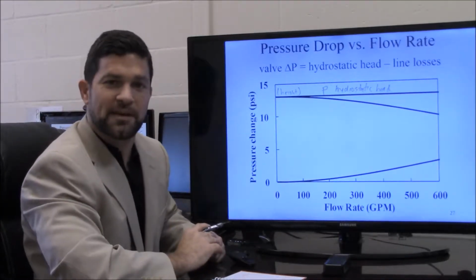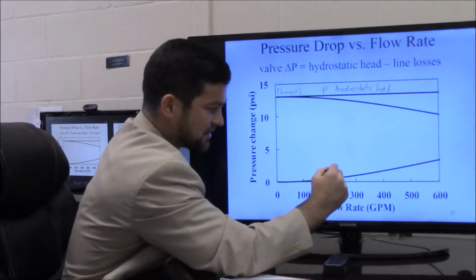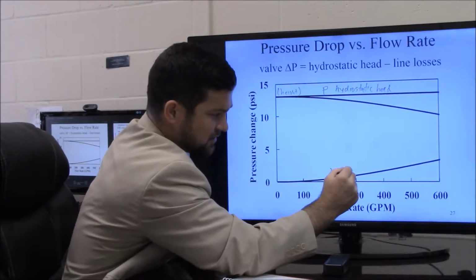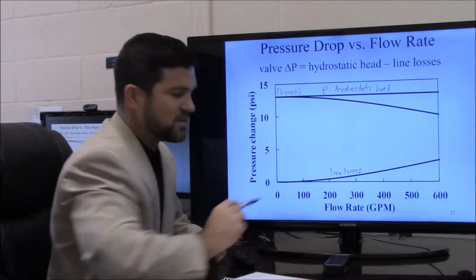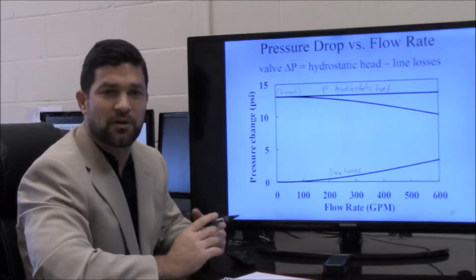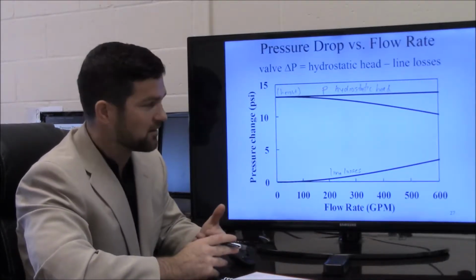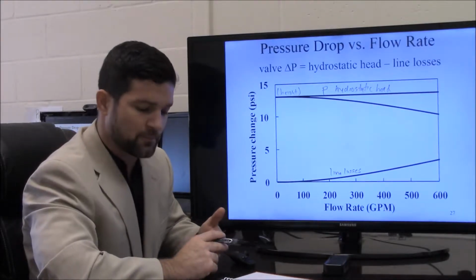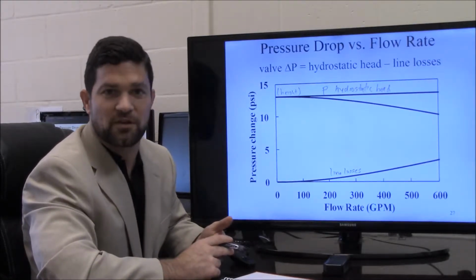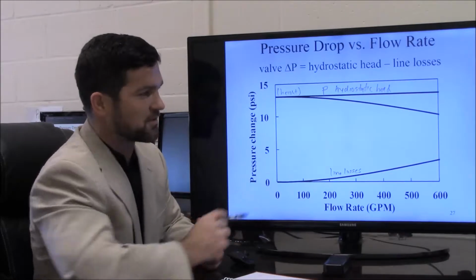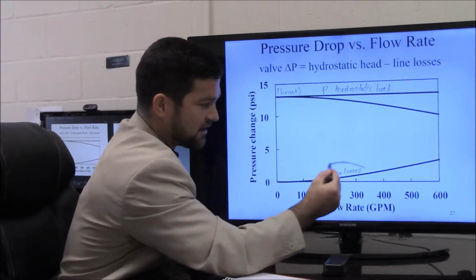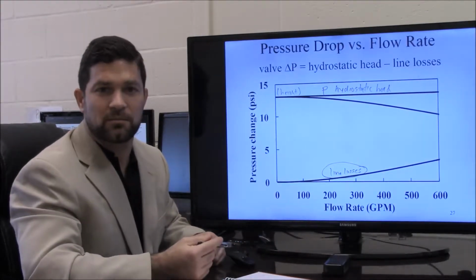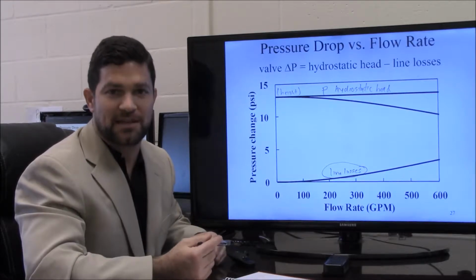Okay, the other thing we need to calculate in the system is the line losses. We said the line losses were low, but in order to get an accurate description of the valve performance, we need to determine what the line losses are. Line losses are all pressure losses in the system except the valve.